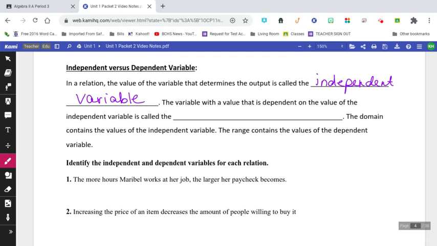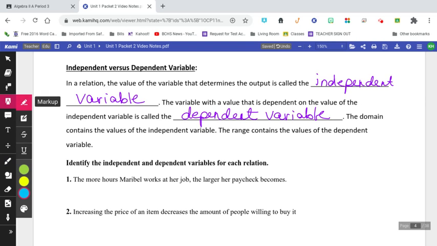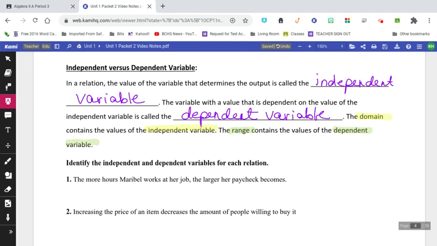The variable with a value that is dependent on the value of the independent variable is called the dependent variable. The domain contains, and this is really important, the domain contains the values of the independent variable. The range contains the values of the dependent variable.